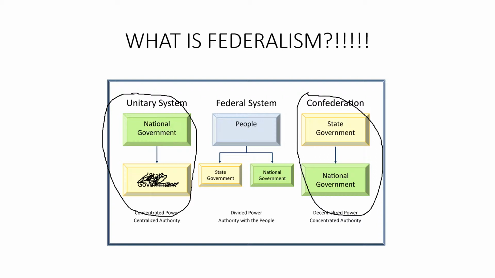It didn't have any power that it didn't get from the states. That's why this arrow is going that way: the states were the source of all political power, and the national government only had what was given to it by the states, which wasn't much.